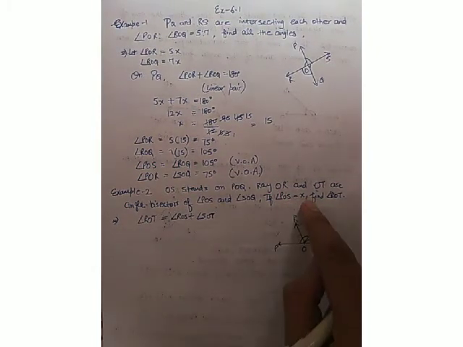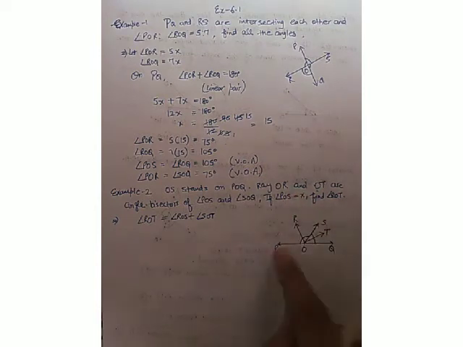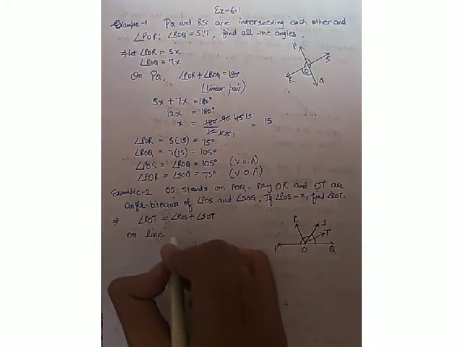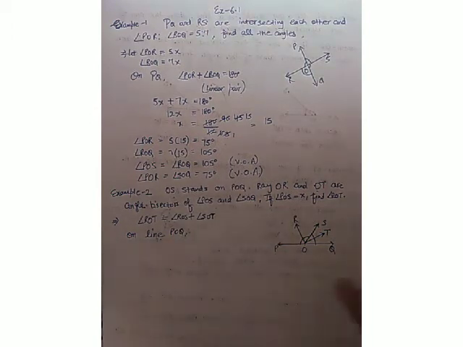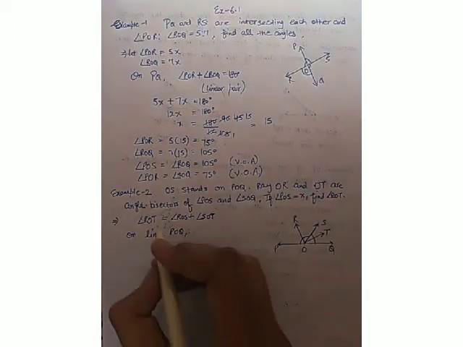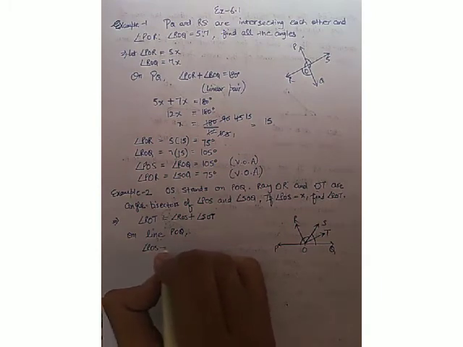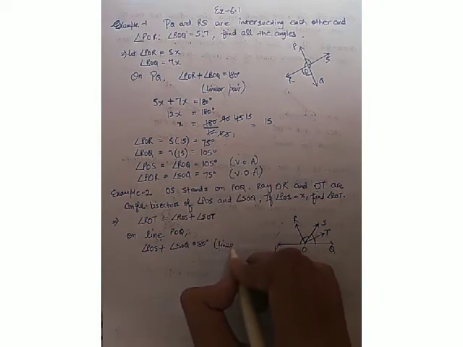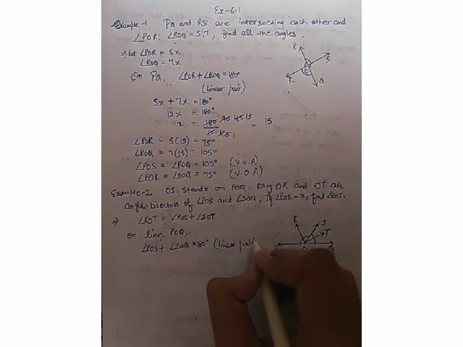And firstly, angle POS is also given, so we will use this. This is a line POQ. There is a linear pair POS plus SOQ. Angle POS plus angle SOQ is equal to 180 degrees. Why 180 degrees? Because it's a linear pair.